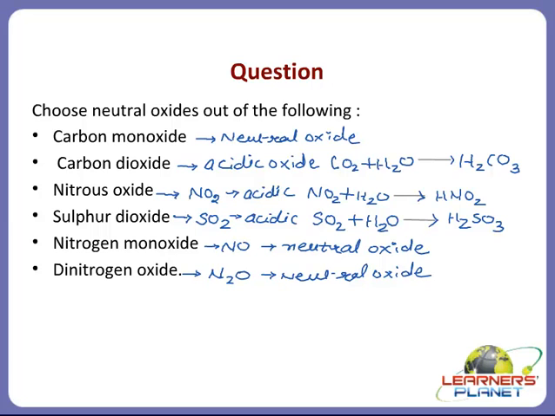So what are the neutral oxides, children? The neutral oxides here are carbon monoxide, nitrogen monoxide, and dinitrogen oxide. Even NO3 is an acidic oxide. And P2O5 is also an acidic oxide.